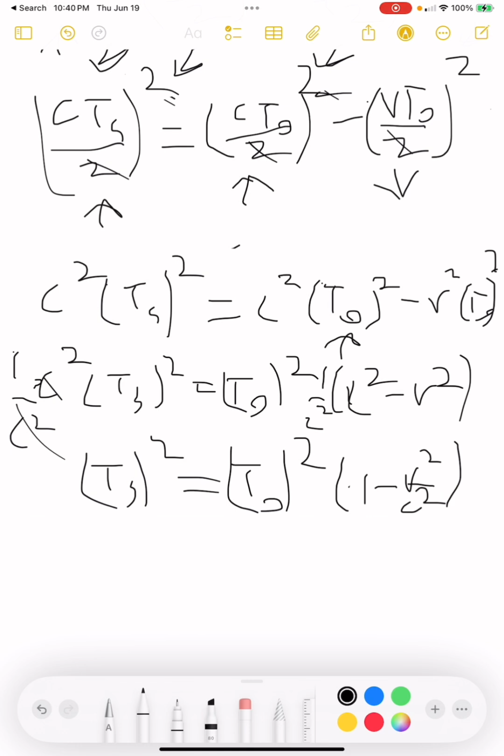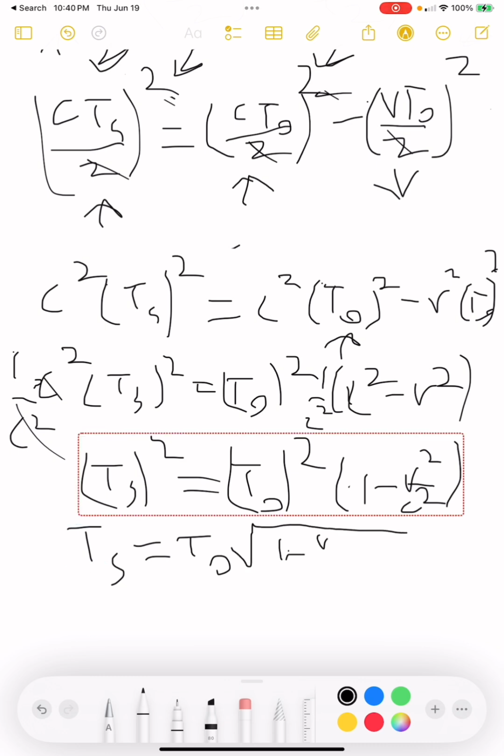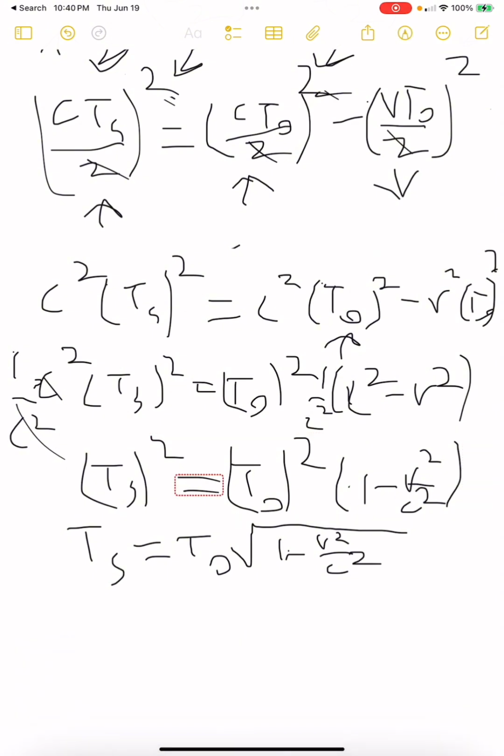It's kind of looking like that thing that we showed earlier. All you have to do is take the square root of both sides. So we get t of s is equal to t of 0 times the square root of 1 minus v squared over c squared. Right there.